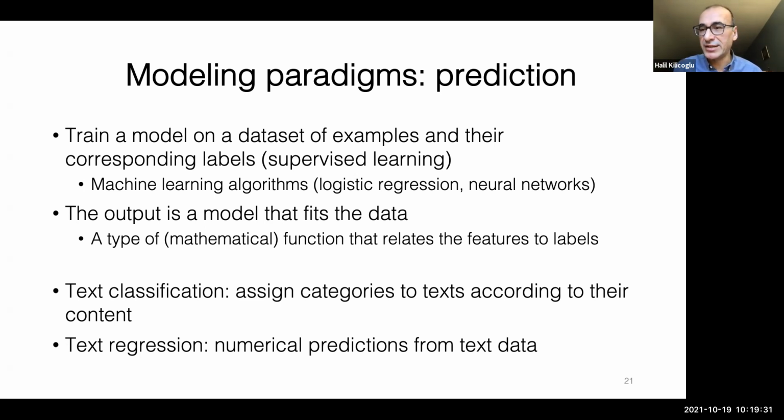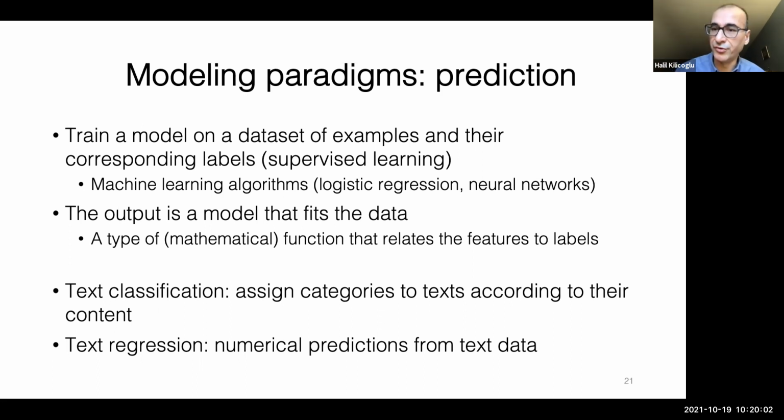The idea is that you have a data set that's already been labeled with the categories you're interested in, you learn a model from this data, and then you apply the learned model to unseen data. This is called supervised learning, and there are many machine learning algorithms that can be applied off the shelf to such problems.